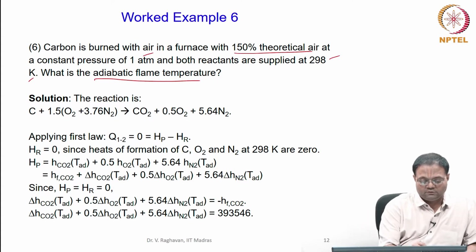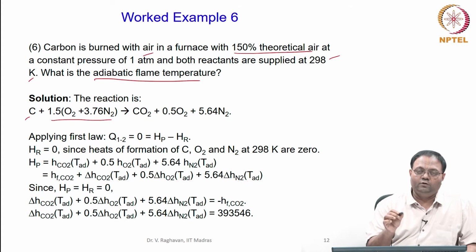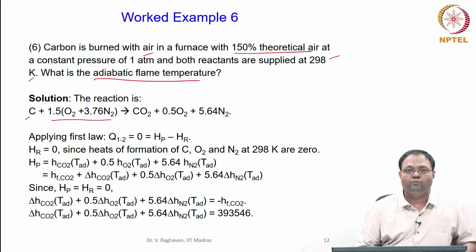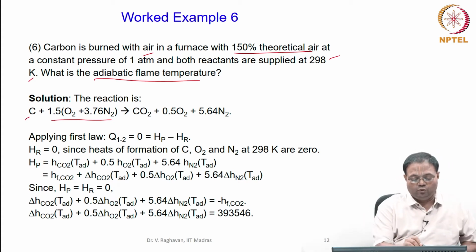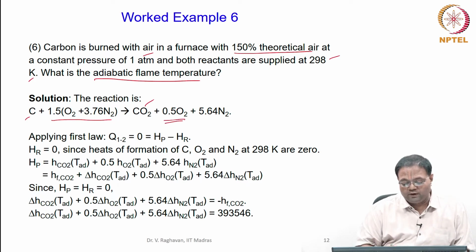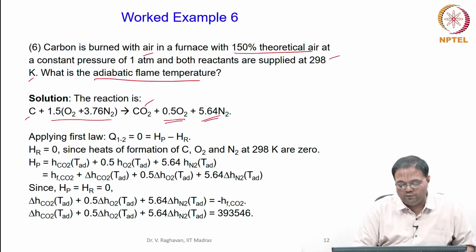The reaction is C plus 1.5 O2 plus 3.76 N2, that is air. For one C atom you need 1 O2 molecule, but since it is 150% theoretical, you are supplying 1.5 kilomoles of oxygen. Complete combustion takes place, giving CO2, the excess air comes out, and 5.64 N2 remains in the product.